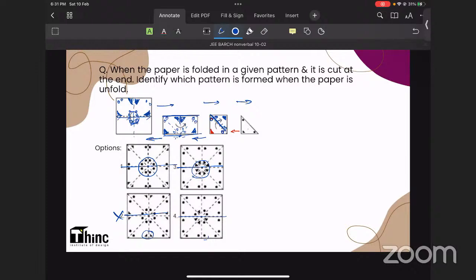Okay, so let's try it once again, starting from the beginning. So take this piece, that basic piece we are taking, and it is unfolding in this particular direction. So over here, we are just going to unfold this.